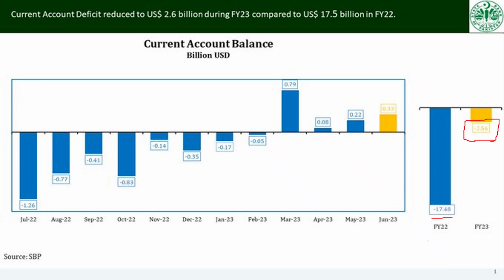Memorize this, that in fiscal year 2022 we faced a deficit of minus 17.48, and in fiscal year 23 the deficit stood at $2.56 billion. So this was the data shared by State Bank of Pakistan, and I thought that it would be good to share it here also.